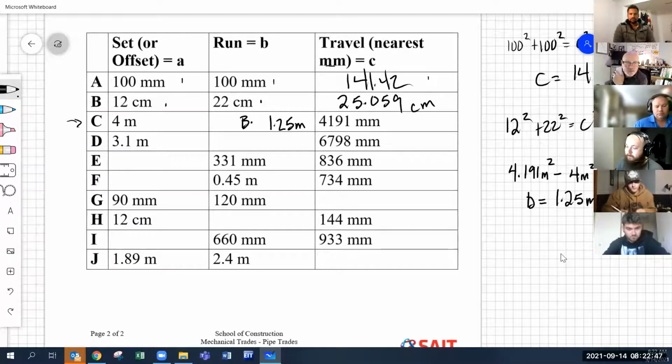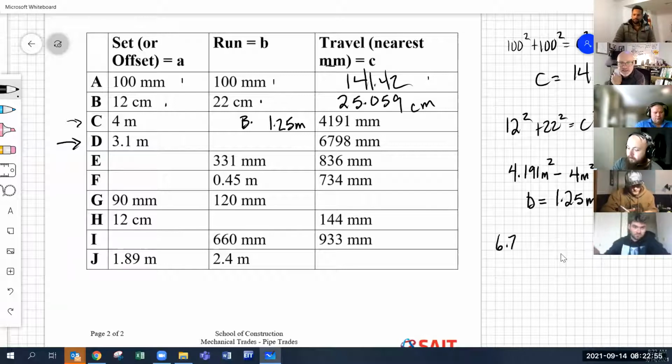So again, we have this D here. We have another one the same. So it's going to be 6.798 meters squared minus 3.1 meters squared is equal to B squared.